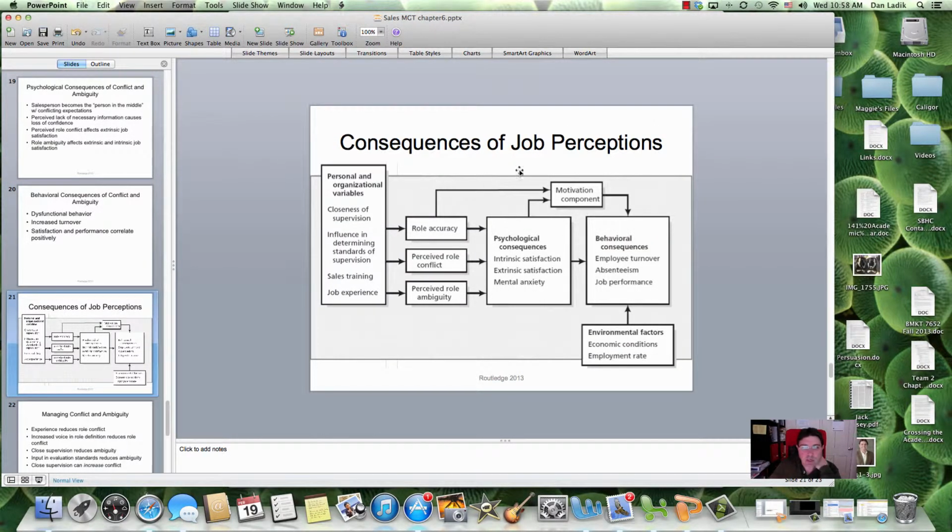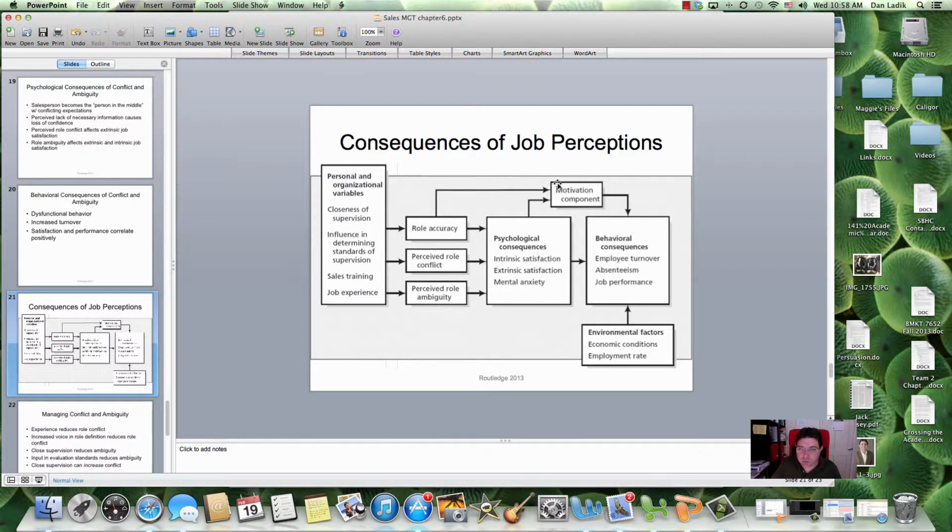So here we have a nice big model. We have these variables. We saw this in an earlier slide in the chapter, which all directly tie into accuracy, conflict, and ambiguity. I actually believe that this is not drawn well, where these two should go into these two. Role accuracy is a measure of conflict and ambiguity, not different from ambiguity and conflict.